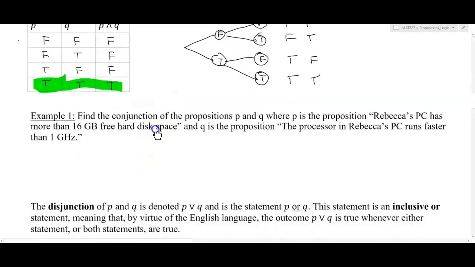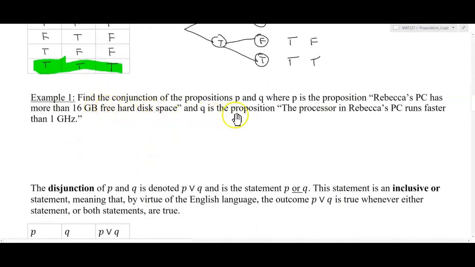So with that said, let's look at an example. Find the conjunction of the propositions P and Q, where P is the proposition Rebecca's PC has more than 16 gigabytes free hard disk space, and Q is the proposition the processor in Rebecca's PC runs faster than 1 gigahertz.